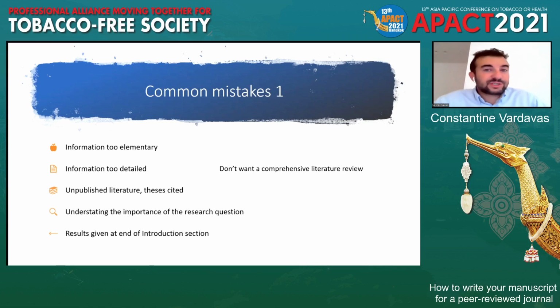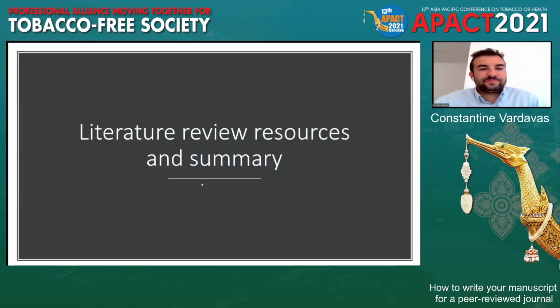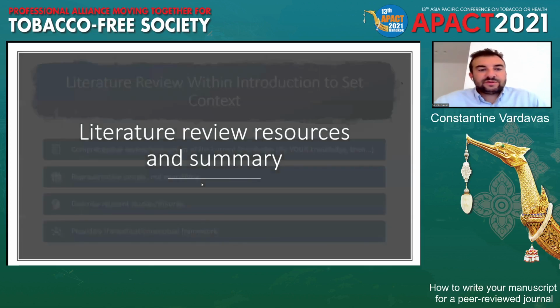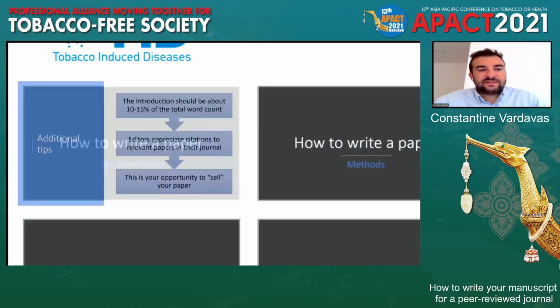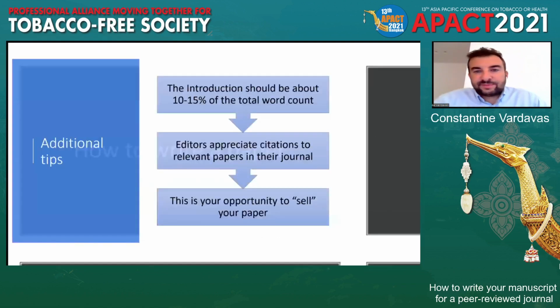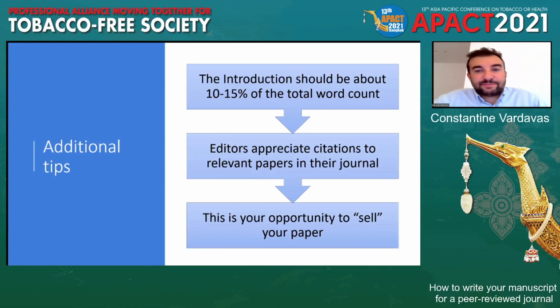The research question is going to be important that you're bringing forward, and you've got to sell it as an important topic. You can't simply say, we will look at that. Well, you've got to prove the importance. Of course, some other mistakes are, as I said, many references or results given at the end of an introduction section, so people are already putting results in the introduction.